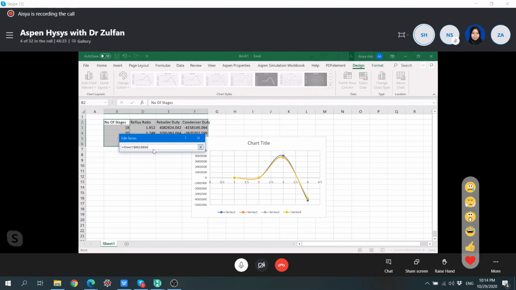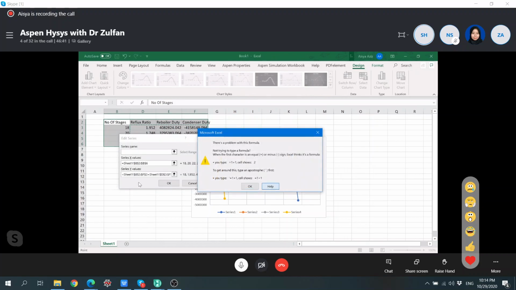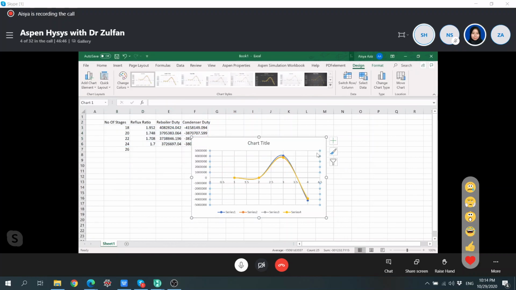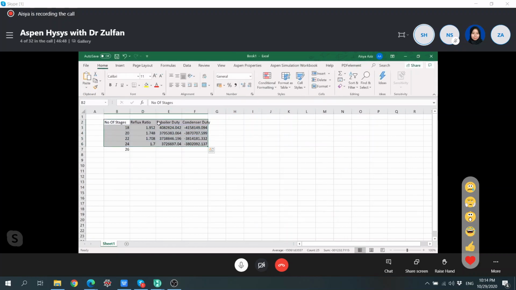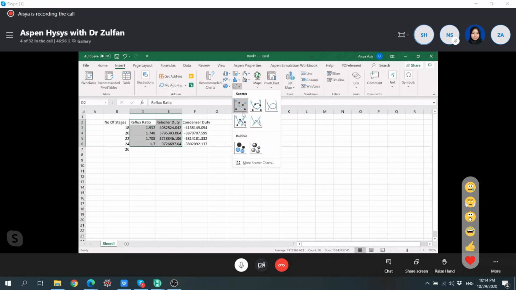See, you cannot trust Excel, because sometimes it does some crazy stuff. And then the Y is the reflux ratio. You cannot do so. You have to select one Y. For one set of data, one X, one Y. This is Excel lessons.